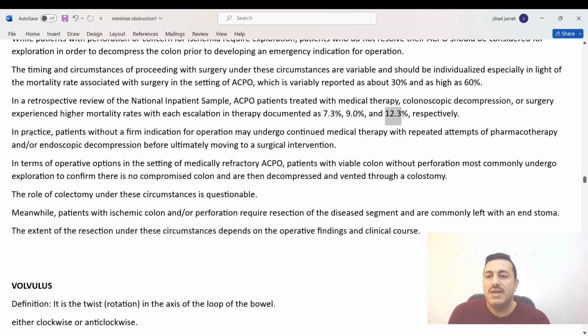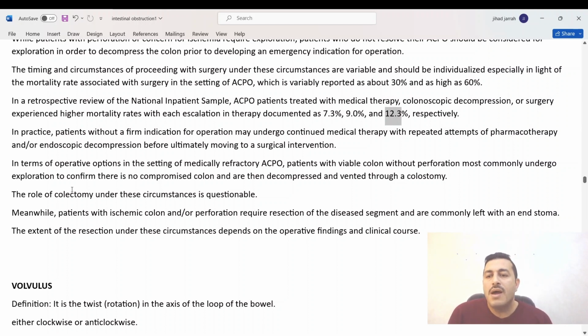They talk about in practice they like to delay surgical treatment as much as they can, even repeated colonoscopic decompression, repeated pharmacological intervention is preferred over proceeding for exploration. If we proceed for exploration, we have to check if there is perforation, if there is gangrene, if there are anatomical causes.